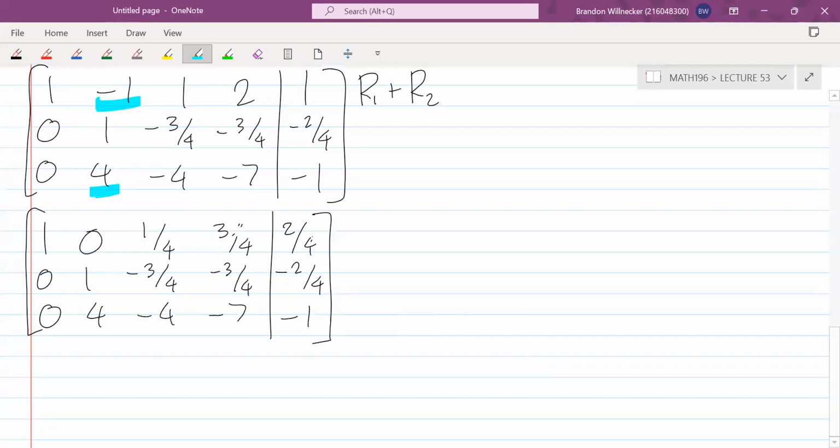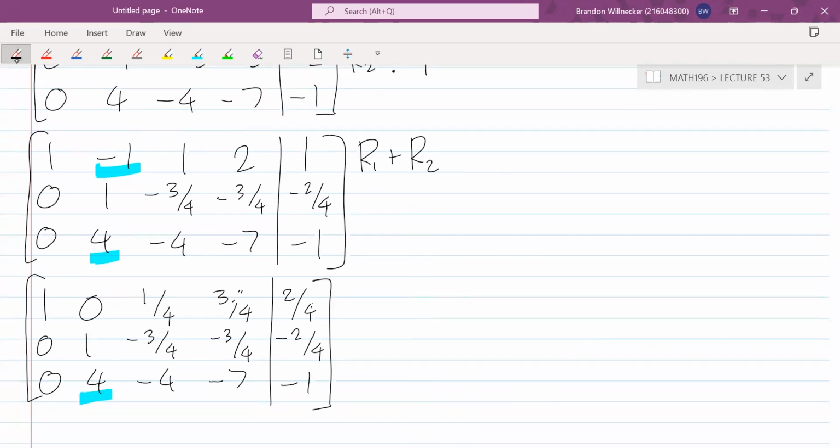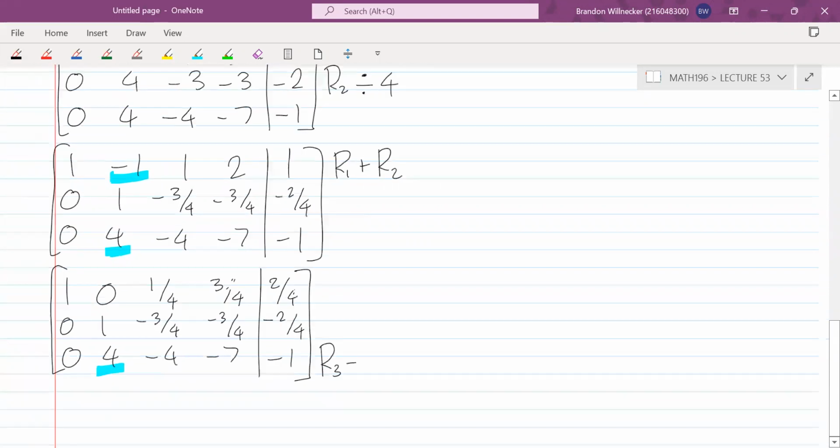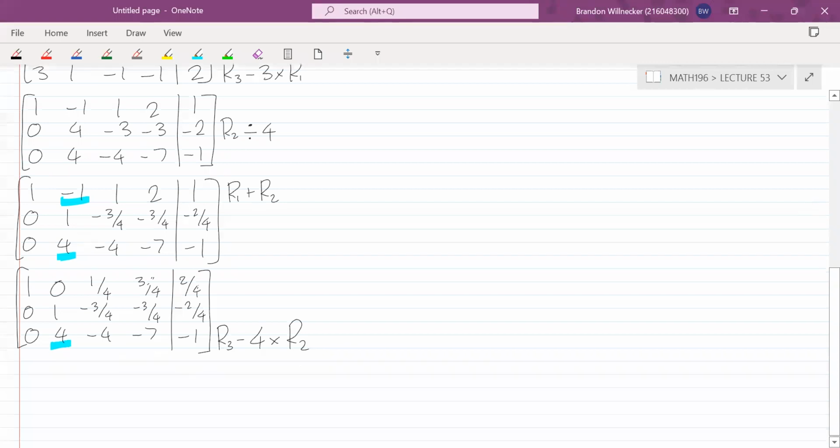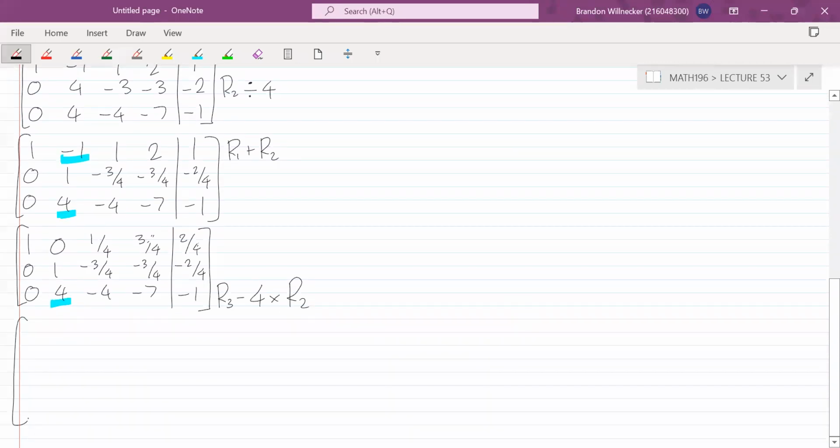Okay, now this 4, we need that to be a 0. So we can take row 3 minus 4 times row 2. Okay, because then the 4 and the 4, that will cancel. Okay, so we're going to get 1, 0, 1/4, 3/4, 2/4, 0, 1, minus 3/4, minus 3/4, and minus 2/4.